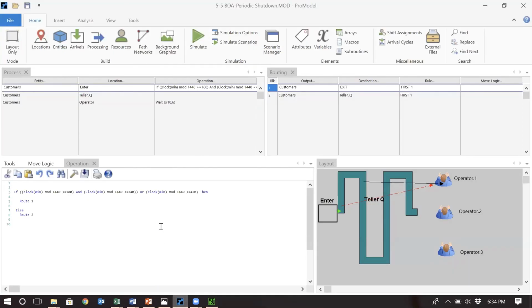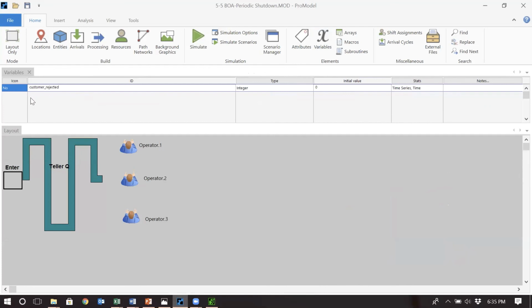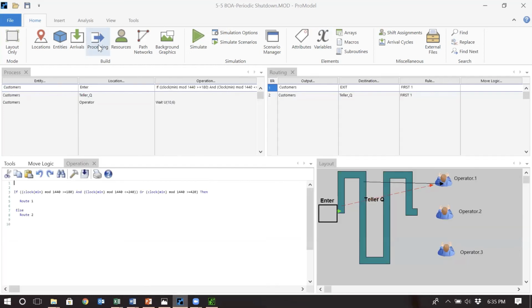So here, if I ask you to count how many customers got rejected during the non-working hours, then all you need to do is to define a variable. We call this variable customer rejected, and let's go back to the processes.